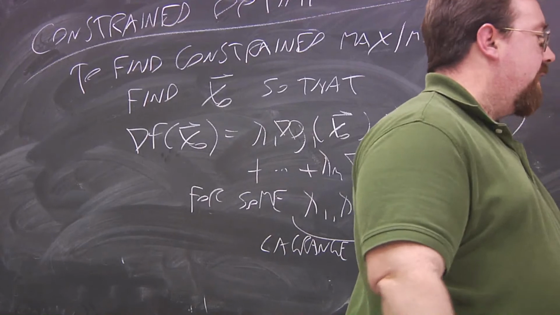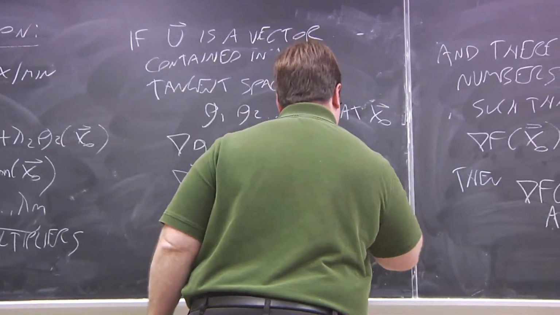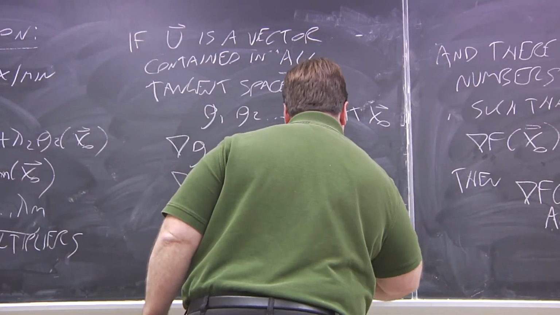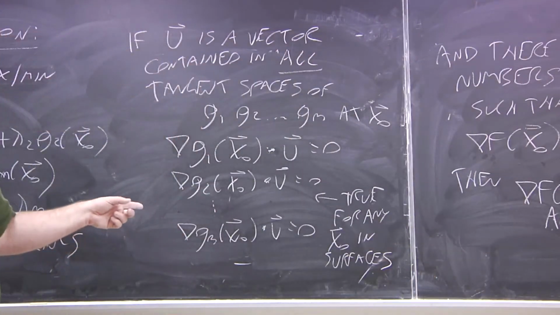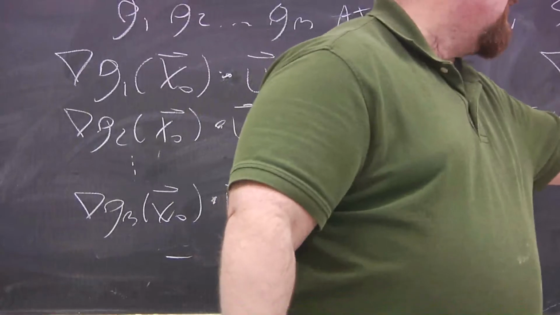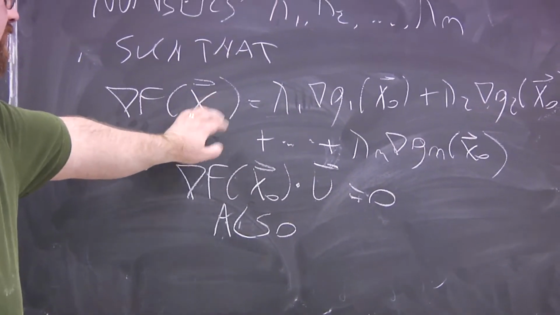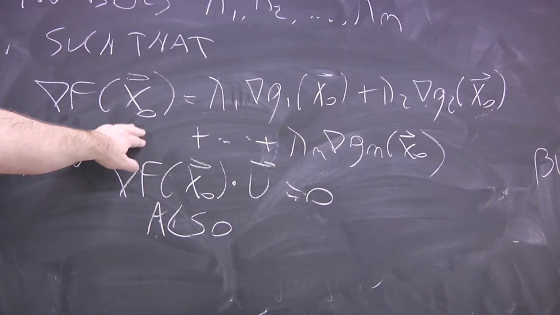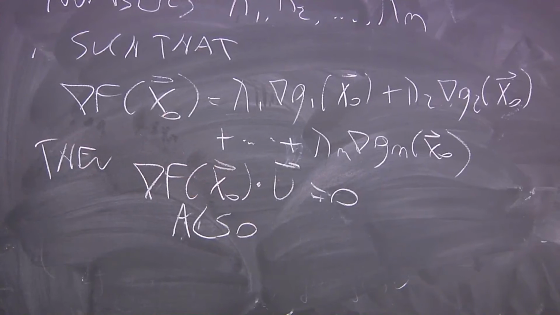This is true for any point that lies in all these surfaces defined by these constraints. But you don't have this, necessarily. So if you can find a point where this works, because most of the time it's not going to, then because this is already true, this will be true as well, and that is what you need for a constrained max or minimum.